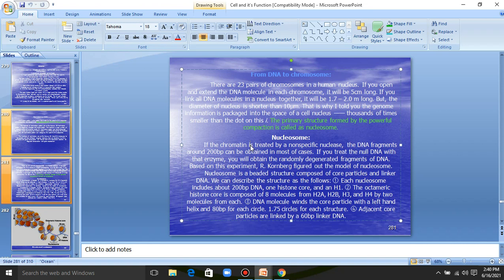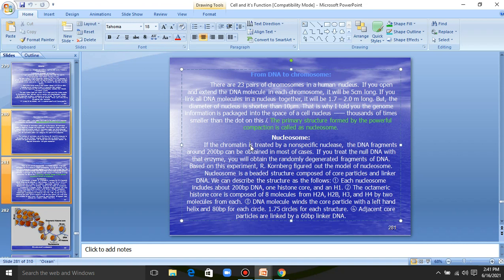In each structure there will be 1.75 circles: one complete circle, and another of about 3/4. Adjacent particles are linked by a 60 base pair linker DNA. Altogether it is 200.